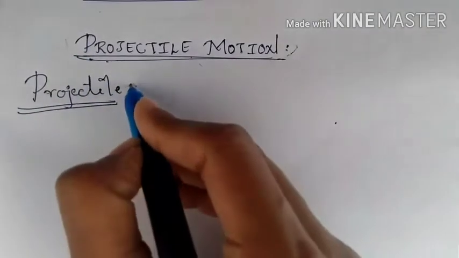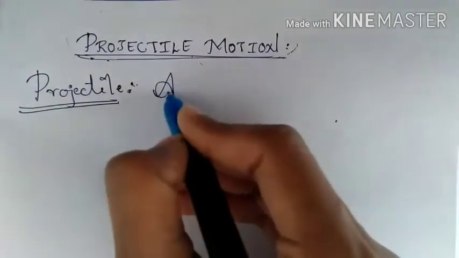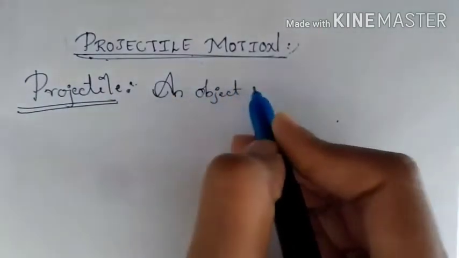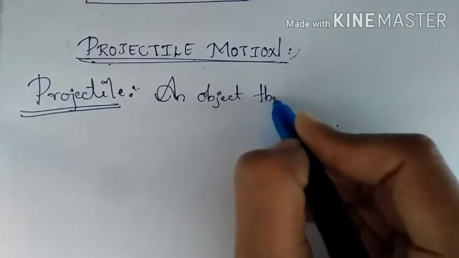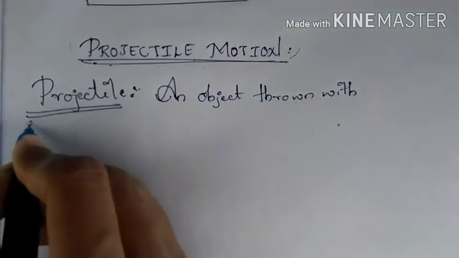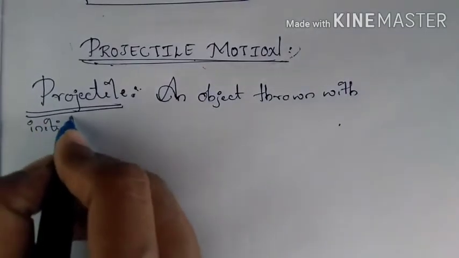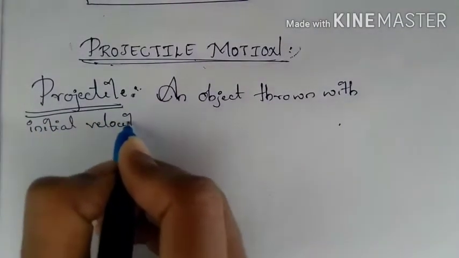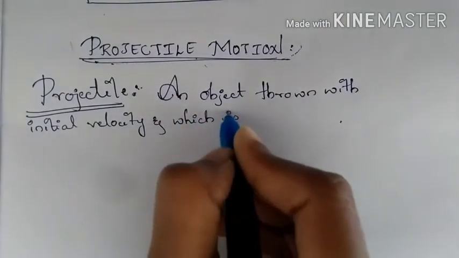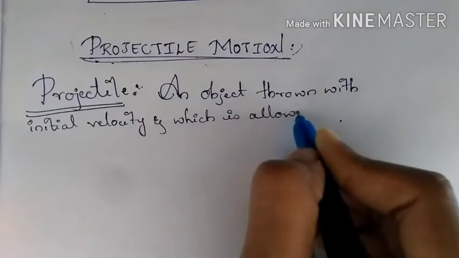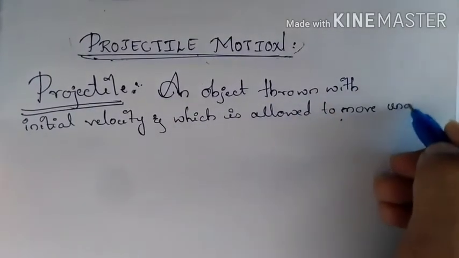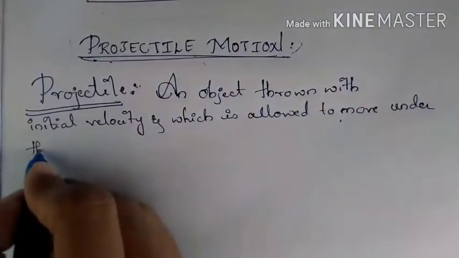Putting this in definition format, a projectile is an object thrown with initial velocity and which is allowed to move under the action of gravity.